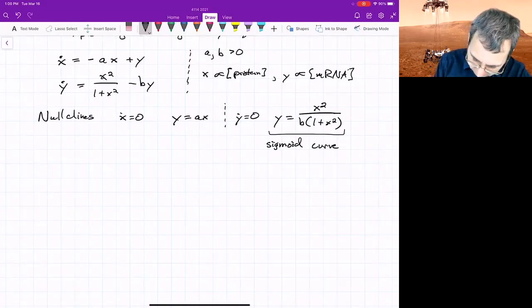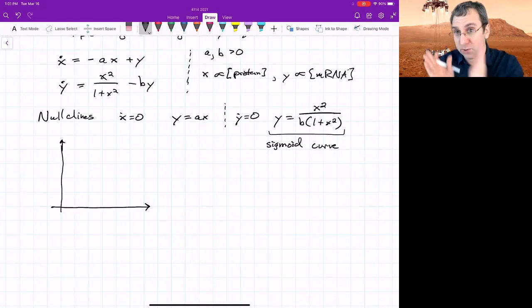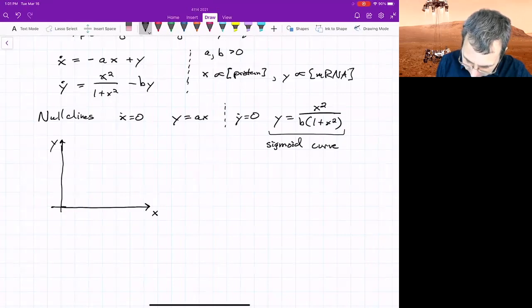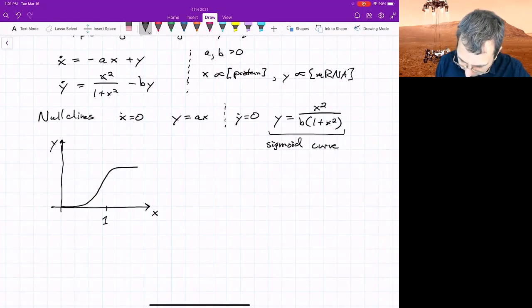So if I were to plot what the nullclines do, since we're looking at concentrations of things, we're also just looking in the first quadrant, so x and y both positive. The sigmoid curve, the general shape will be, it'll kind of rise and reach its greatest rise at, in this case, around 1.